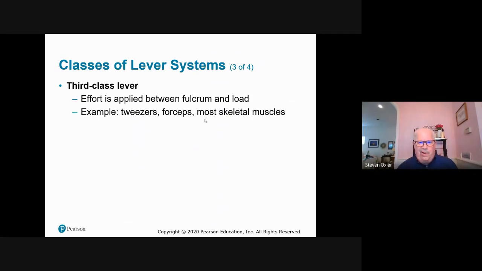Third class lever. Let me tell you already that the third class lever is the majority of your skeletal muscles. The effort is applied between the fulcrum and the load, just like a tweezer or a forceps.